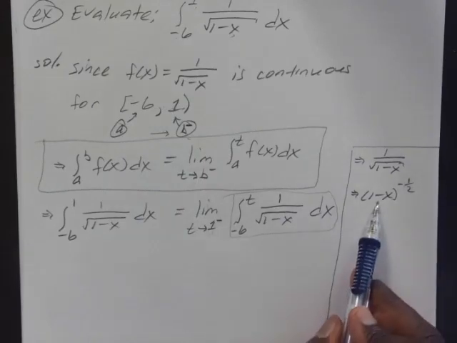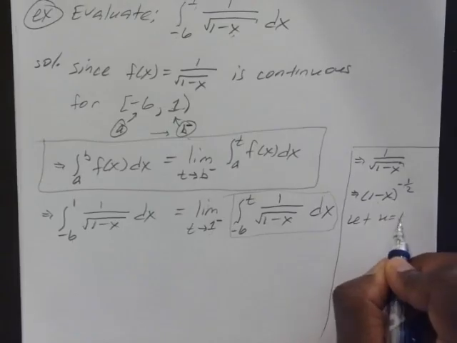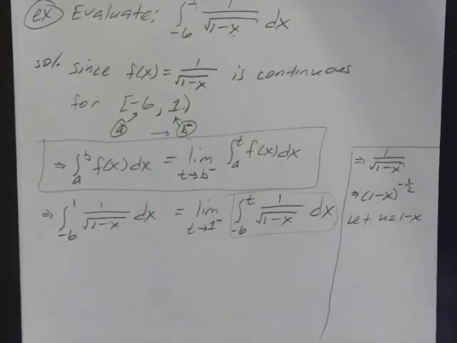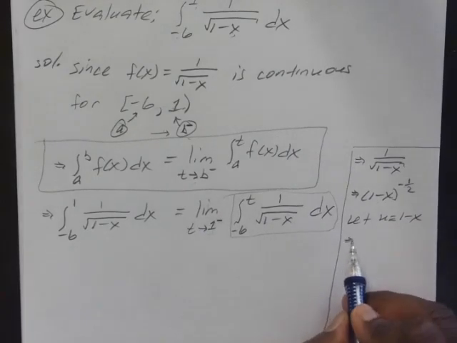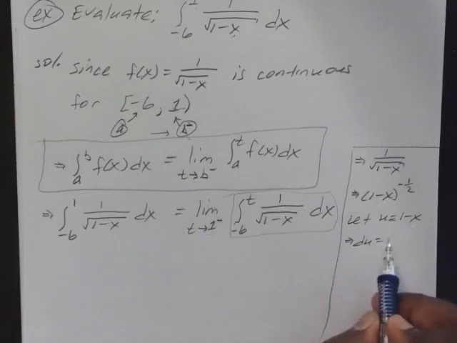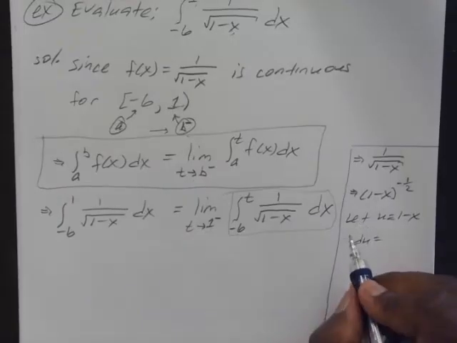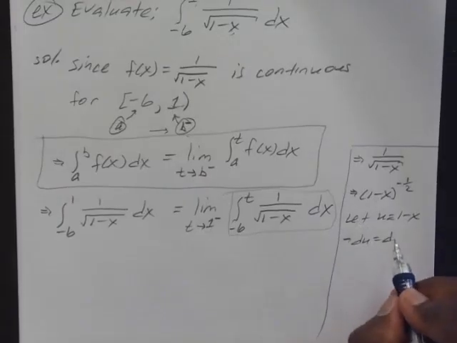So if we let u equal 1 minus x, and we take the derivative of u, that's going to equal -1 dx. If we multiply both sides by -1, just to save a step, we know negative du is equal to dx.